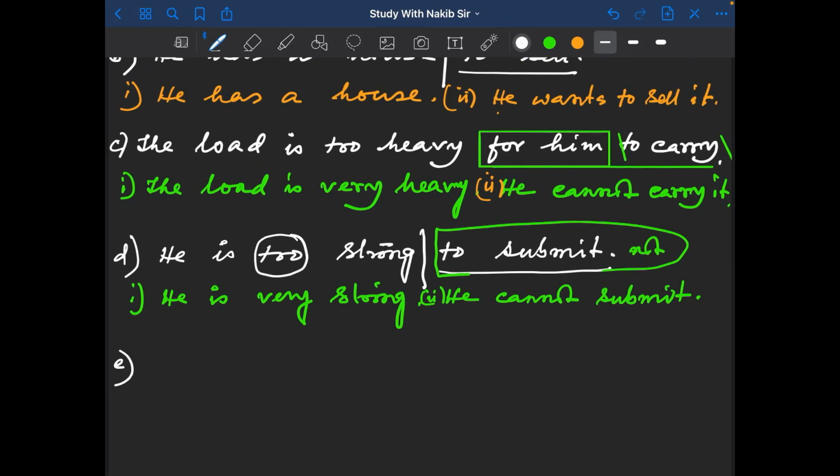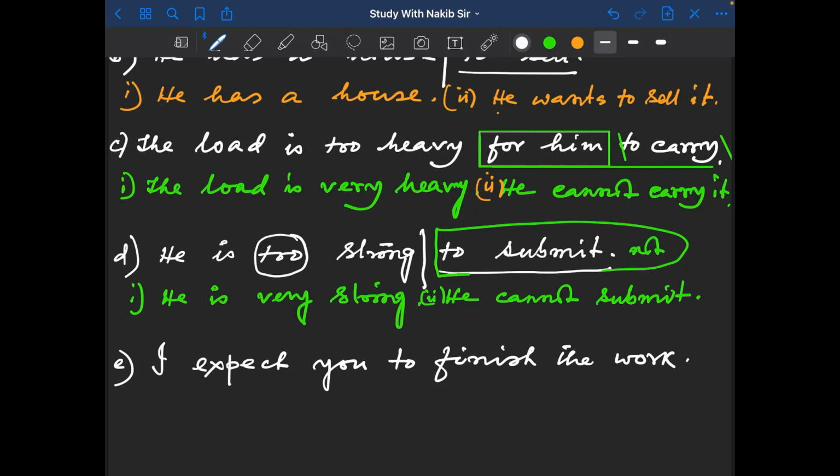E. Okay, I expect you to finish the work. I expect you to finish the work. You can recognize the sentence, you can understand that we have used this sentence at the time of joining.